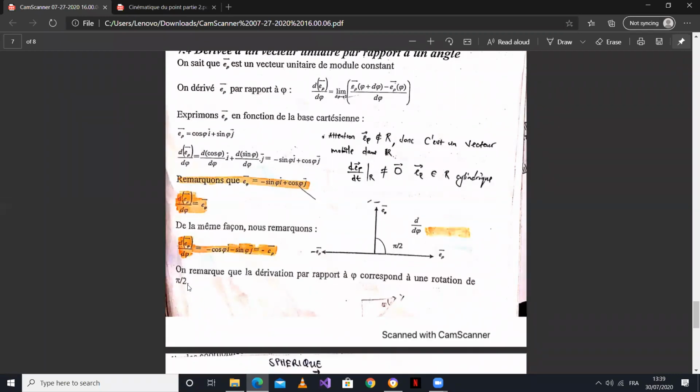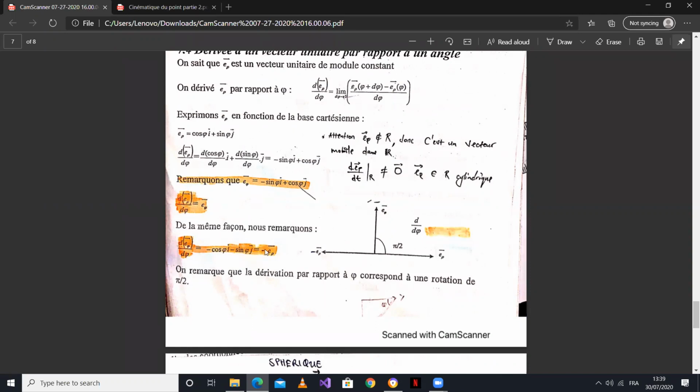But before we get the rule, we are going to try and derive e phi also. When we derive e phi, you have minus sin phi i plus cos phi j. The derivative of sin phi is cos phi, so you have minus cos phi i, plus the derivative of cos phi which is minus sin phi, so minus sin phi j. Your answer there is minus cos phi i minus sin phi j.